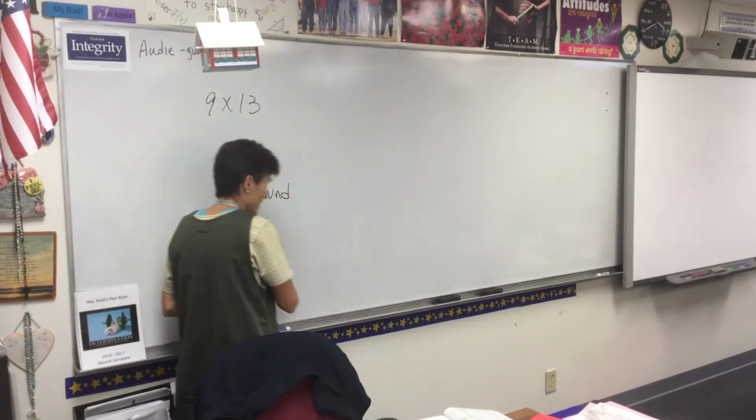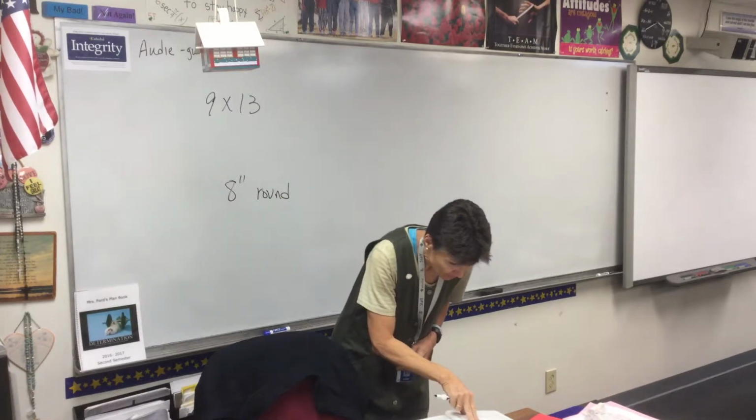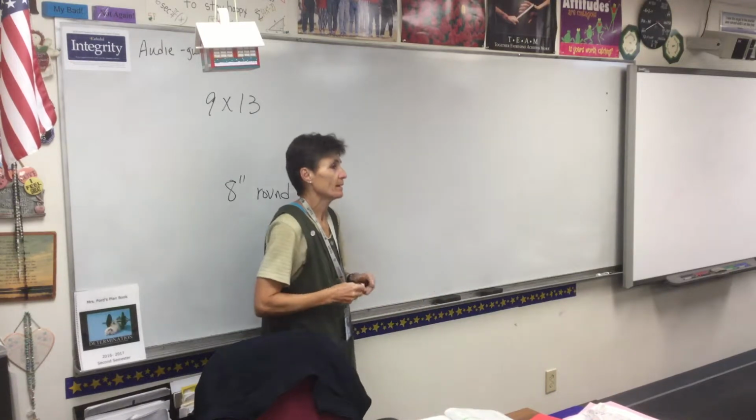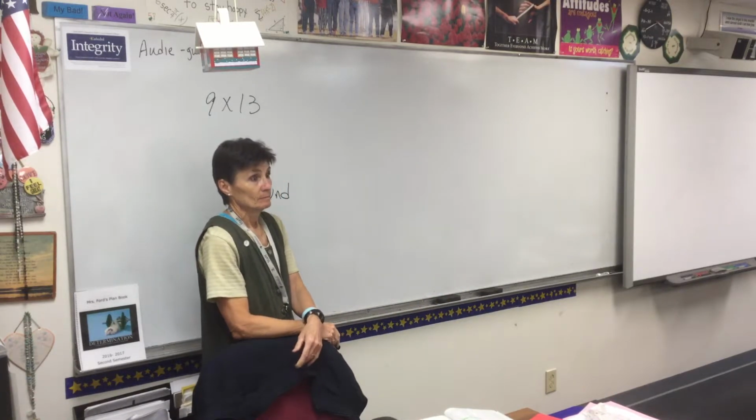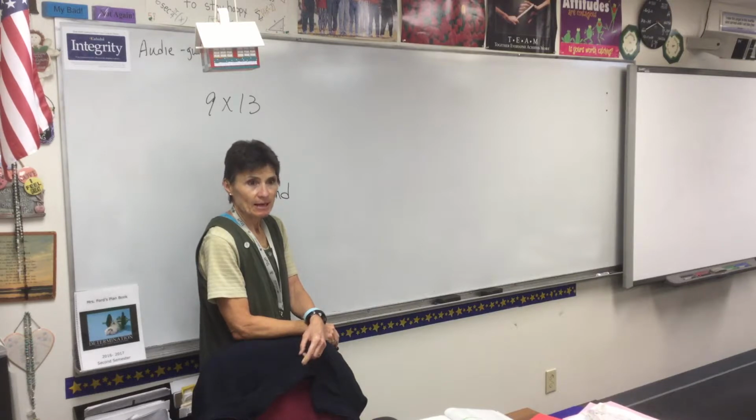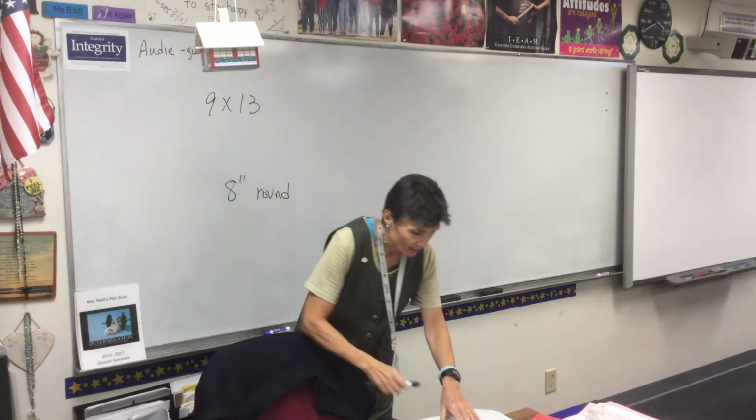All right. And your question is, which option gives the most cake for the money? How are we going to figure this out? Well, it says it costs the same amount.